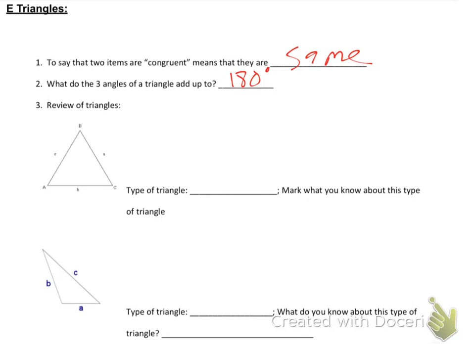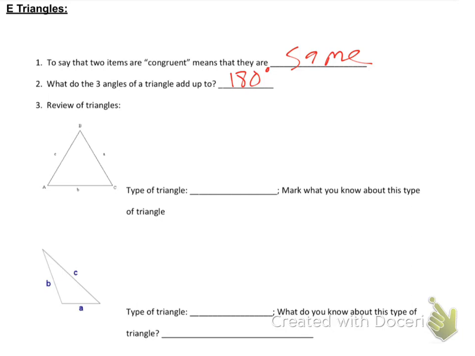Okay? So these triangles here, we have a diagram. Now this diagram is something that I would use quite a bit for a lot of triangles. What we have here is a triangle that has A, B, and C. Big A, big B, big C. Big letters denote angles.